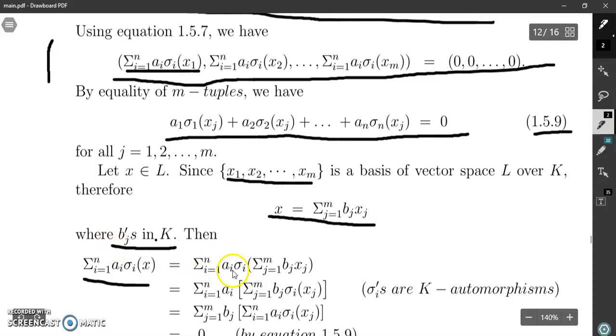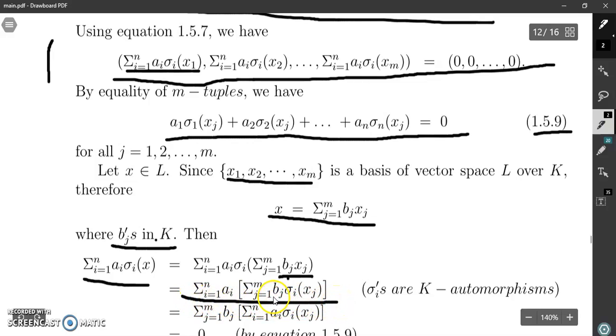So we can express this summation, this sigma i of bj xj, as sigma i bj into sigma i xj, but sigma i is a K-automorphism, so sigma i bj will be bj.